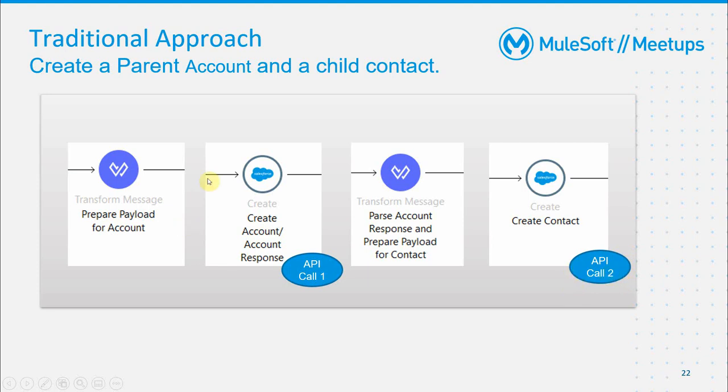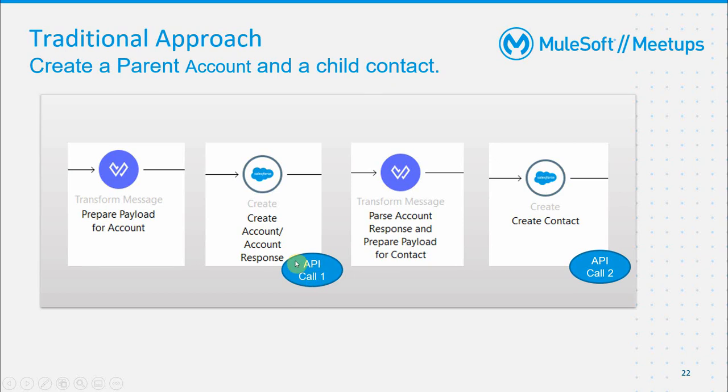So what happens here is you are going through 3 or 4 steps. You prepare the payload for account, create the account using the connector, get the response, and then create the contact with that response's ID. Essentially, we have more than 3 or 4 steps, and we are exhausting 2 API calls from the Salesforce instance.